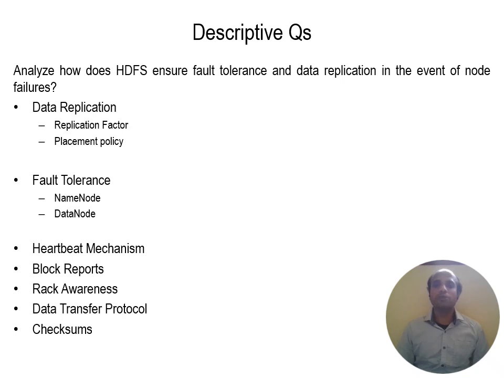So for this particular question on how does Hadoop distributed file system ensure fault tolerance and data replication, you have to detail the replication factor and placement policy with respect to data replication, the name node and data node in regards to fault tolerance, and also briefly provide information on these aspects: heartbeat mechanism, block reports, rack awareness, data transfer protocol, checksums.